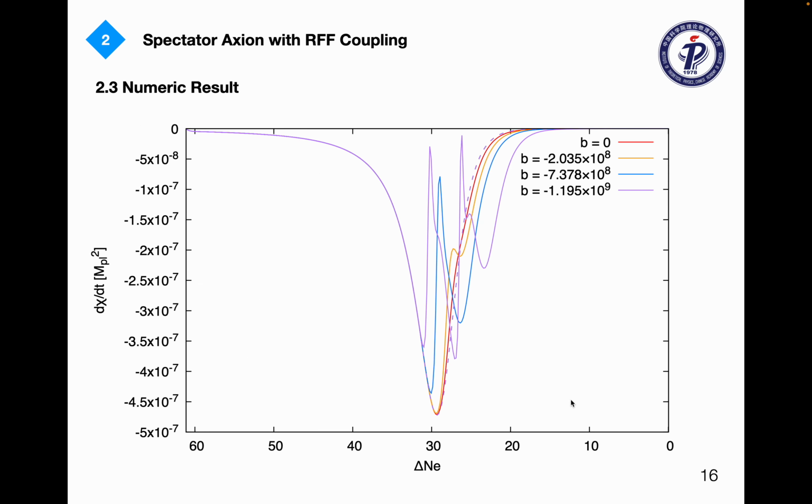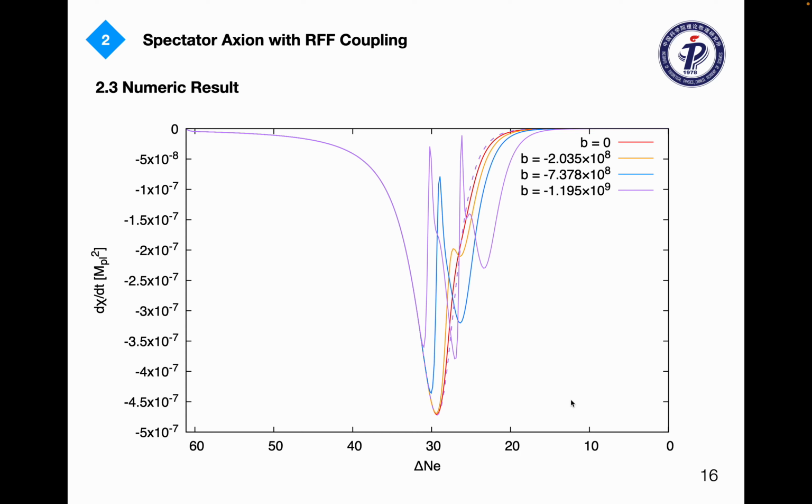So this is our numerical result, with different coupling constants from weak to strong. Since our computation already includes the backreaction, when the particle production is large, it will first slow down the velocity of the axion field, which will lead to a decrease of the particle production, and the backreaction is therefore reduced.